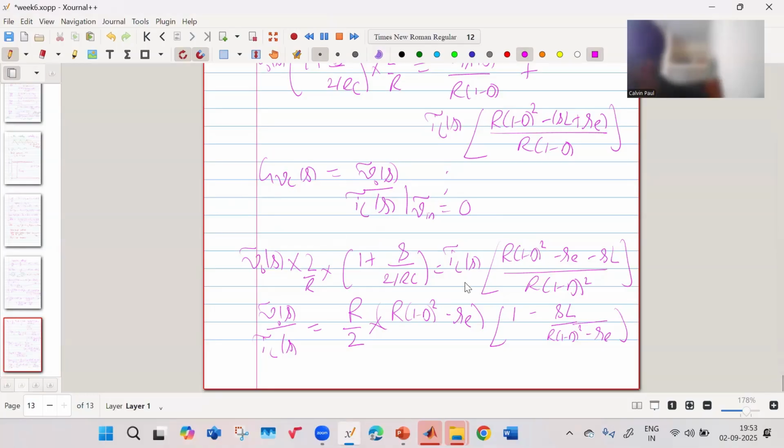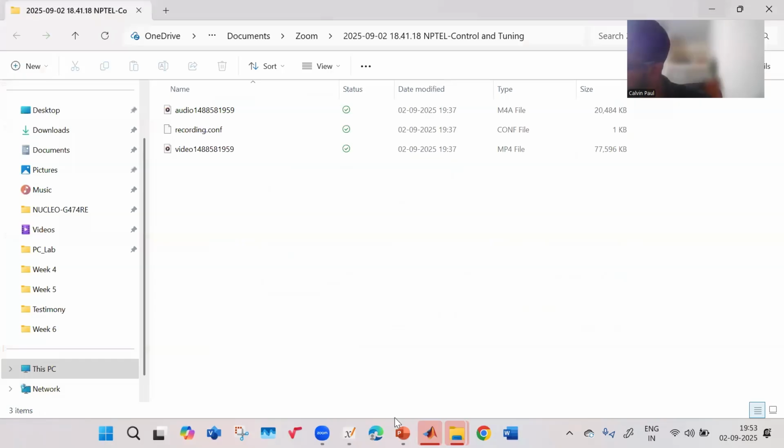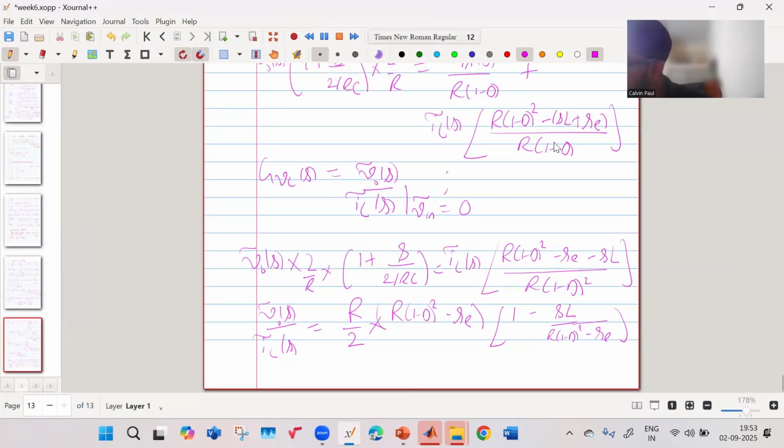And then, sorry, in the denominator you have your 1 plus S upon 2 by RC into R into 1 minus D the whole square. Okay? So then we can simplify this further.